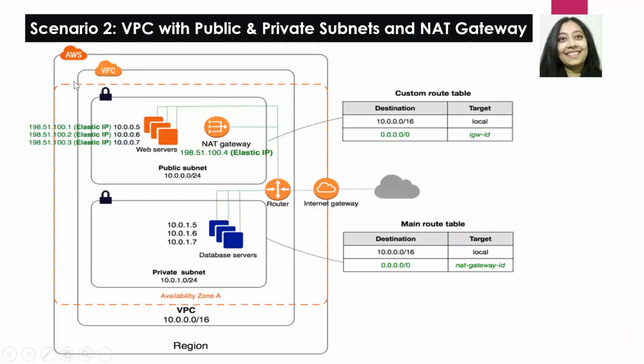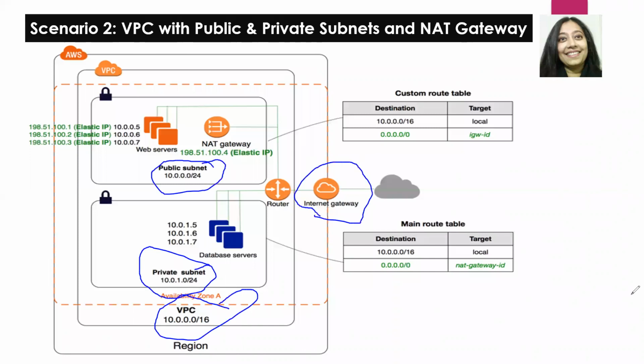So what we have done so far is we've created a VPC, we've created our public subnet, and we have created our private subnet. The next thing that we need to do is provision our internet gateway. Let me clear all drawings.